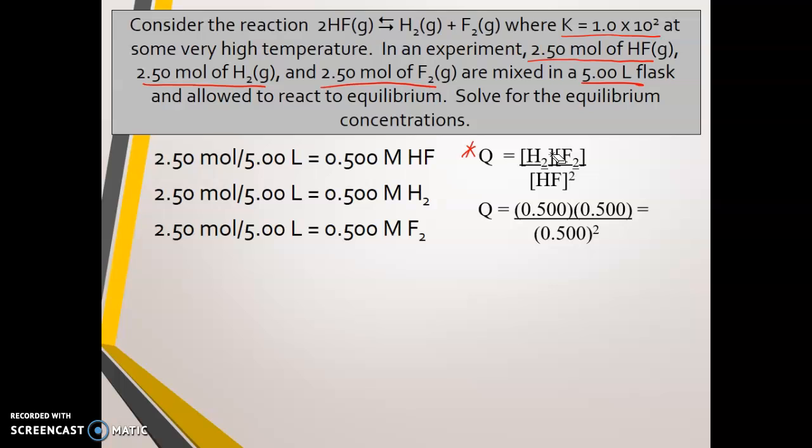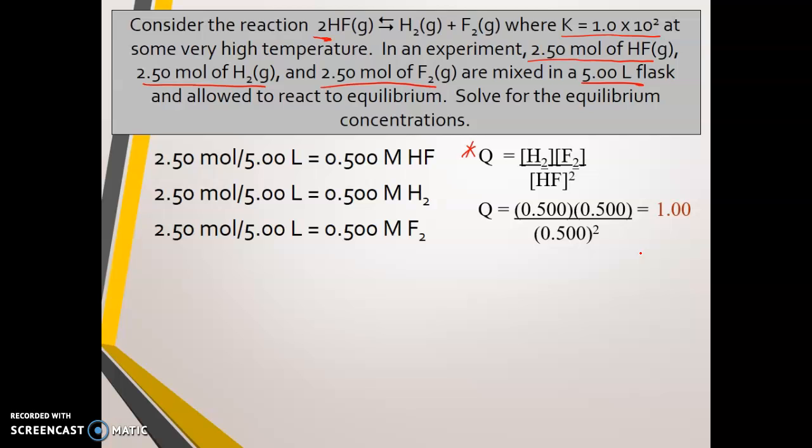Remember, it's your products, hydrogen and fluorine, divided by your reactants raised to the power of the coefficient. And since we have 2HF, HF is going to be squared. So that's 0.5 times 0.5 divided by 0.5 squared, which is going to equal 1.